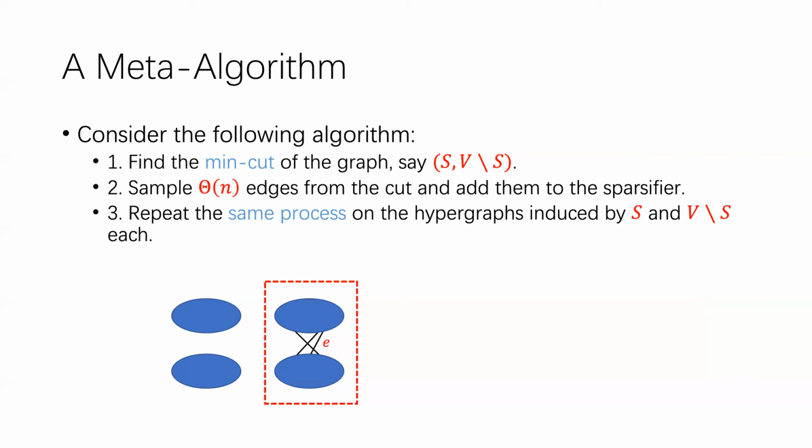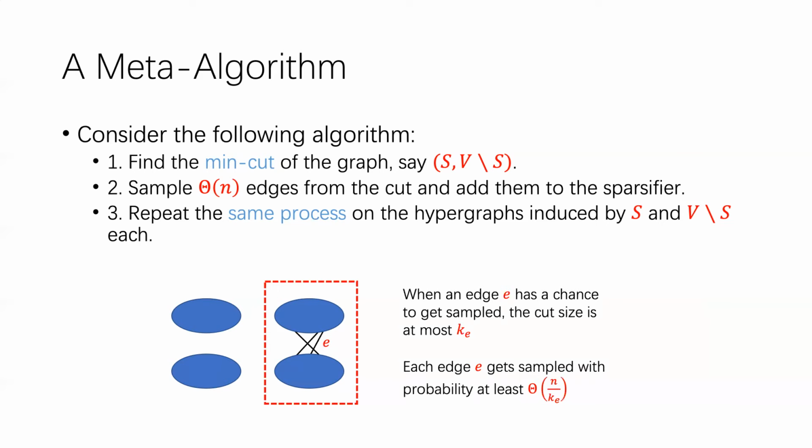Notice that the cut is the minimum cut of an induced subgraph, and this induced subgraph also contains E. So the strength of E, KE, is at least the size of the cut. So this means that each edge E gets sampled with probability at least n over KE, which means the algorithm does construct a cut sparsifier.